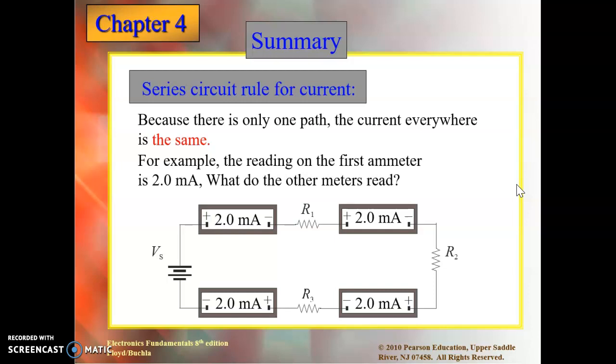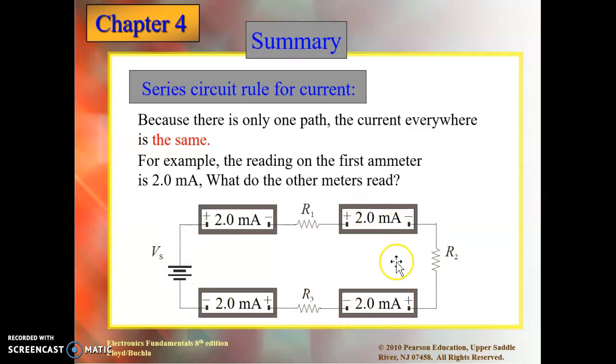Now, series circuit rules for currents. A characteristic of a series circuit is that since we have a single pathway for current, current is going to be the same all across the resistors. So once you have calculated the current supplied by the source, you know the current across resistor R1, you know the current across resistor R2, and you know the current across resistor R3.